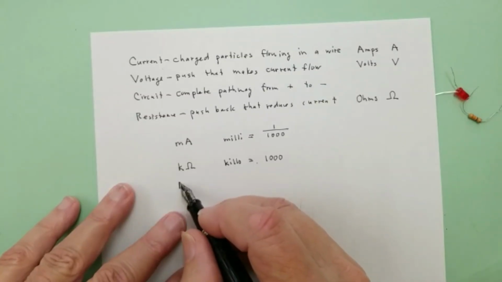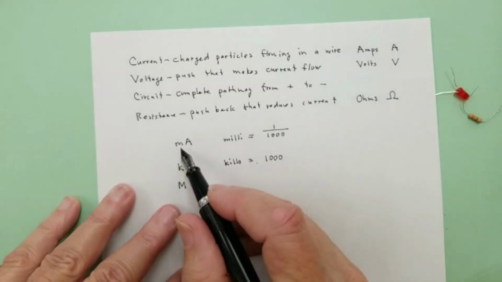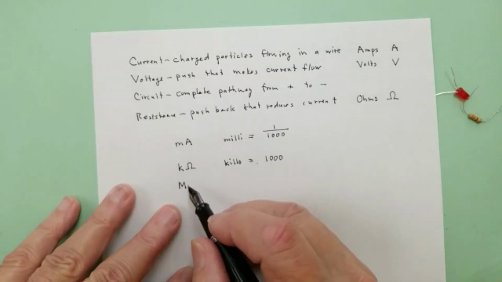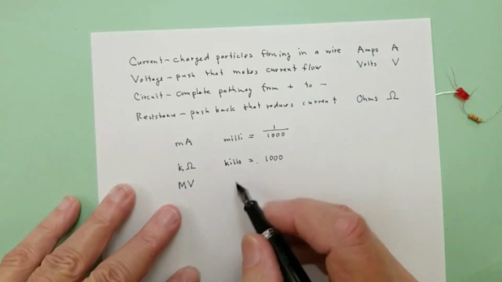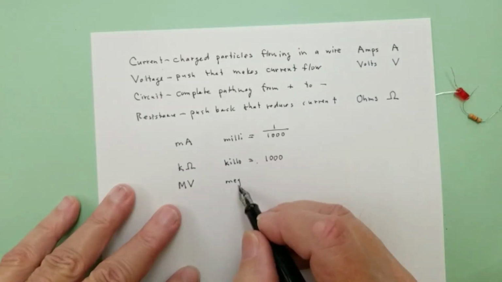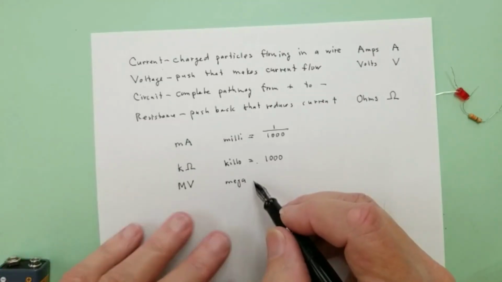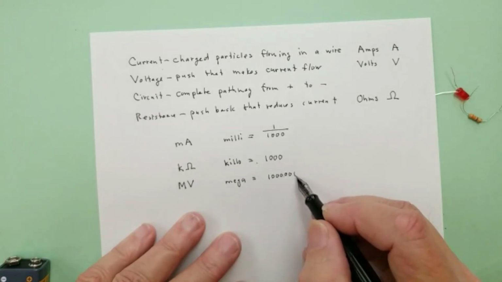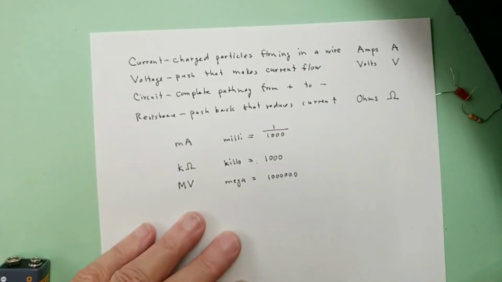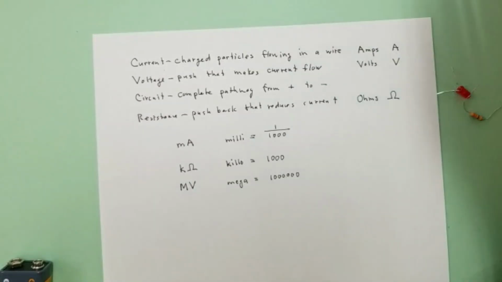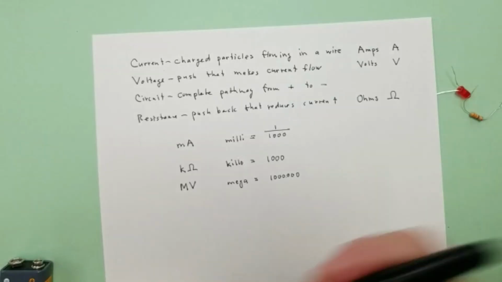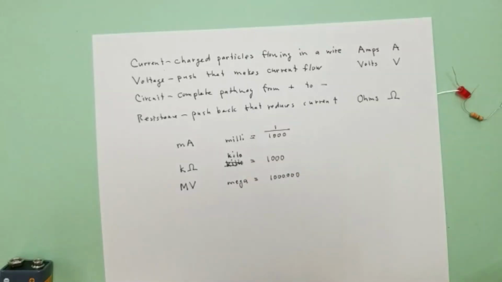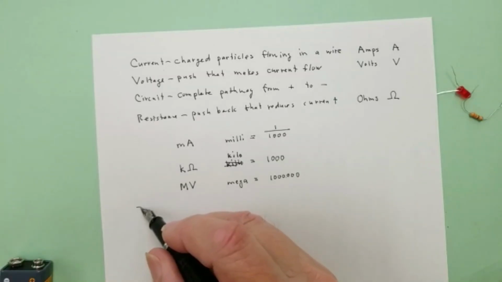Finally, another very common one is a capital M, and should be distinguished from the lowercase m because, let's say that this was megavolt, well, that would be a huge amount of voltage, and that is mega, and that is equal to 1 million. So this would be 1,000,000 volts. Okay, I just realized that I added in an extra L here, so this should actually be kilo with just the one L.